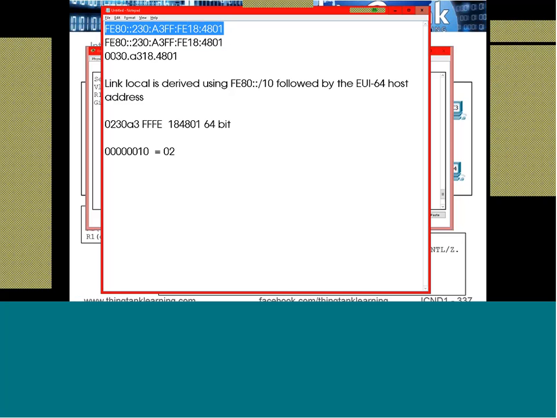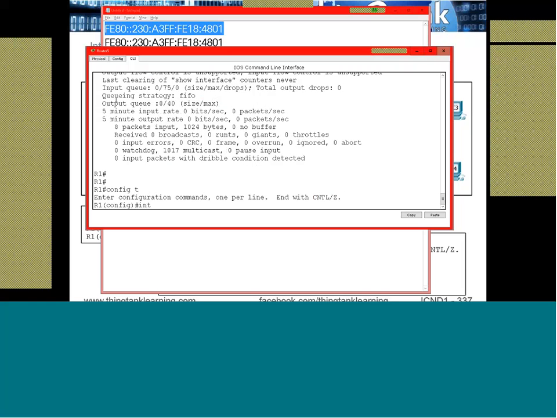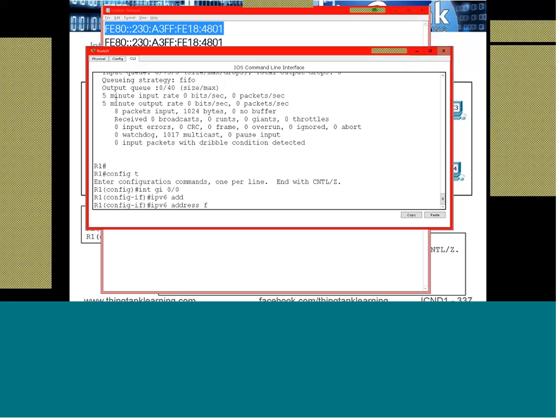So in the router, we actually have a choice to set those link local addresses manually. This wasn't in the lesson, but since I do this in the real world, I feel compelled to tell you. So what I do, and you guys don't have to do this, I'm just demonstrating this: config t, interface Gi0/0, ipv6 address FE80::.